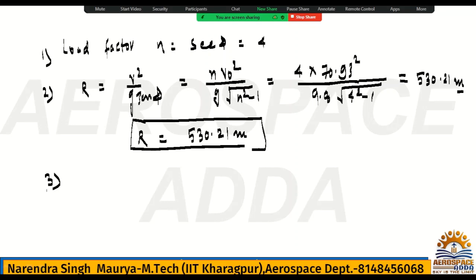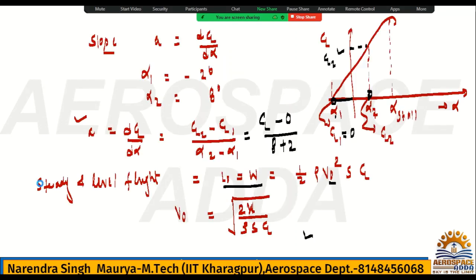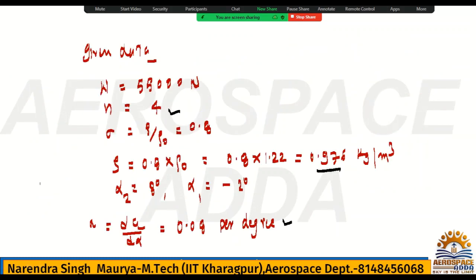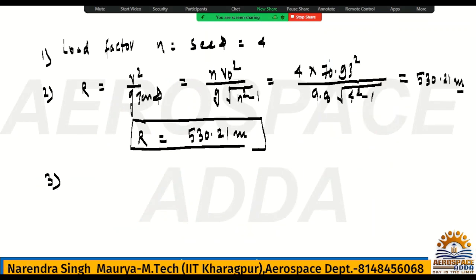What is the third item? It is the rate of turn, time required to turn through 90 degrees. The 90 degrees is psi, the turning angle they have given to us. So what will be the time required to turn?